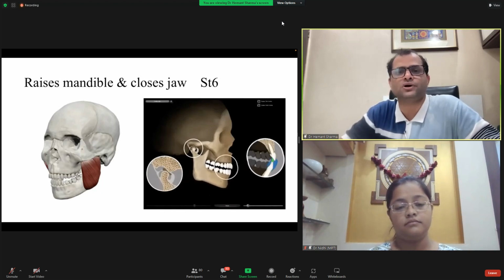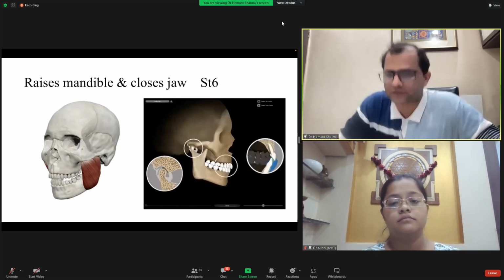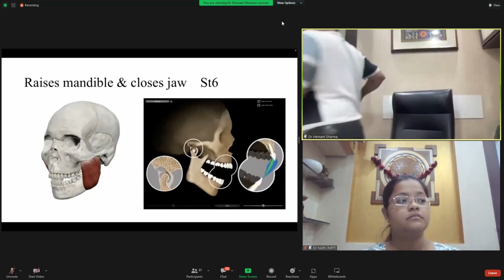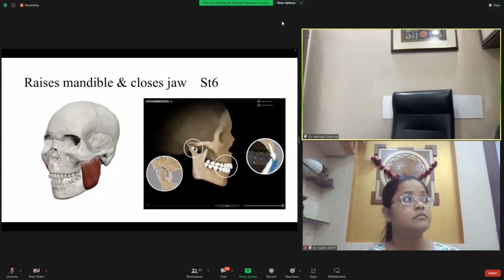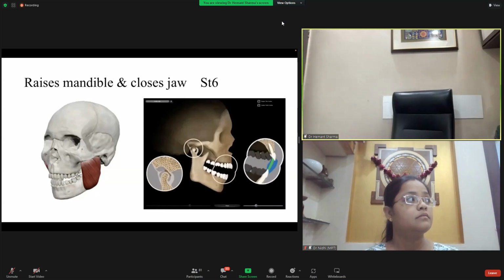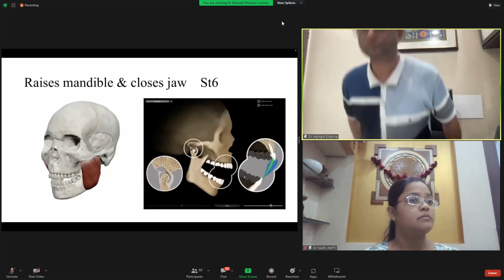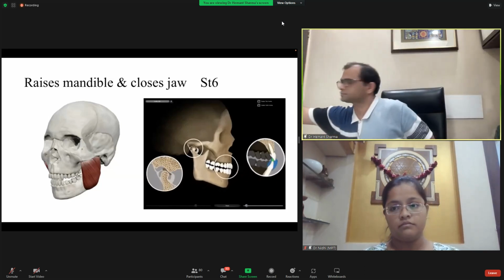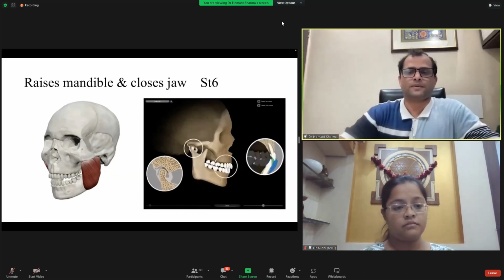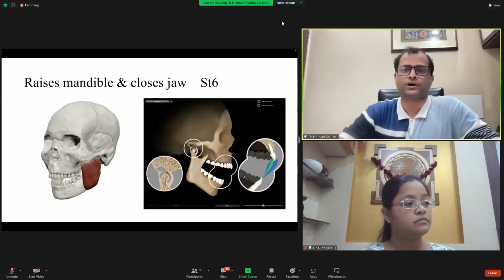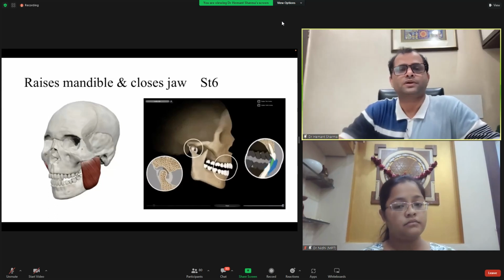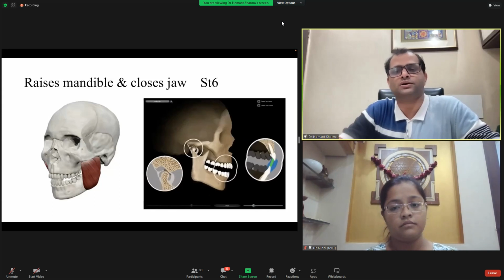The person is not able to raise the mandible. So in this way, who raises the mandible? How to raise the mandible and close the jaw?